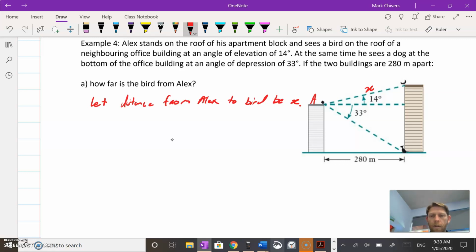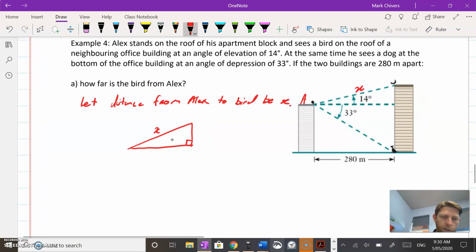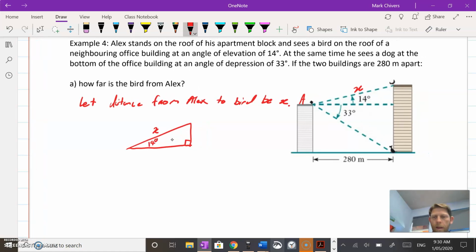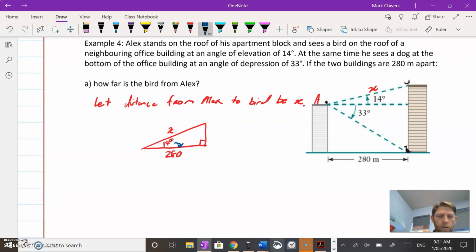Now, if I think about that triangle just as a triangle on its own, I know that this is 14 degrees. And this distance here is 280, because the distance between the two buildings down at the street level will be the same, given the type of buildings they are, up at Alex's level from the roof of the building. So I've got an angle, I've got an adjacent side, and the side right opposite the right angle, which is the hypotenuse. So I've got an adjacent and a hypotenuse.